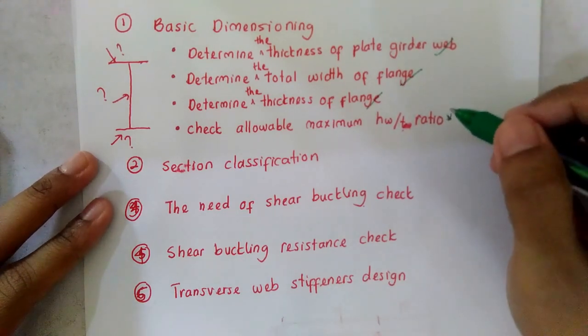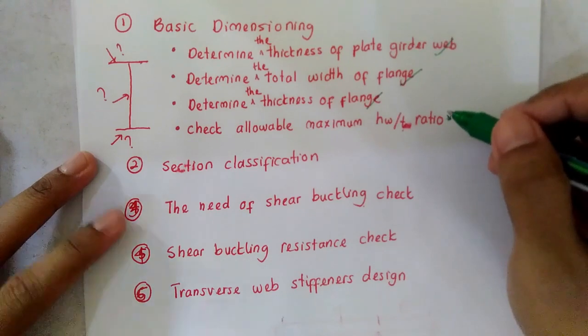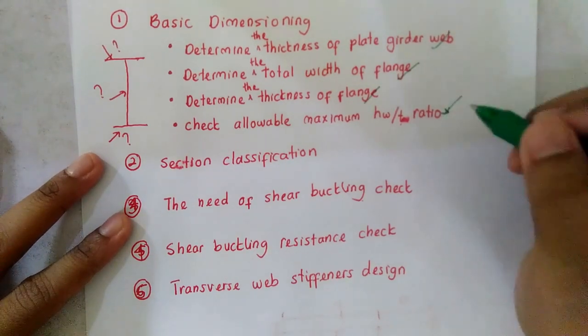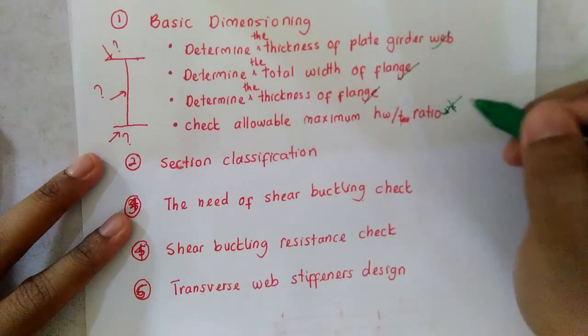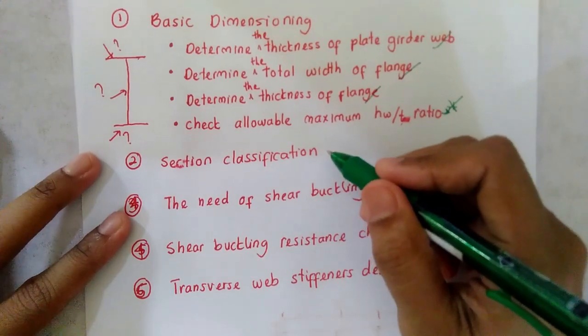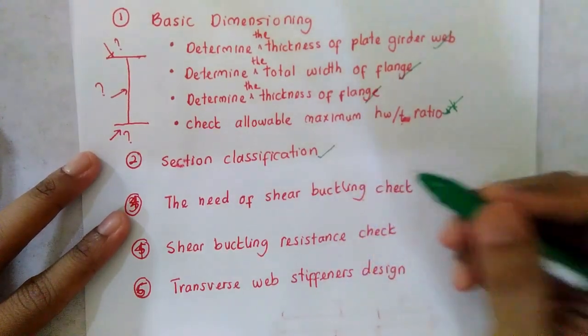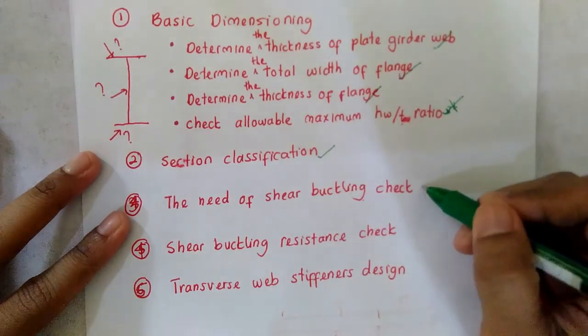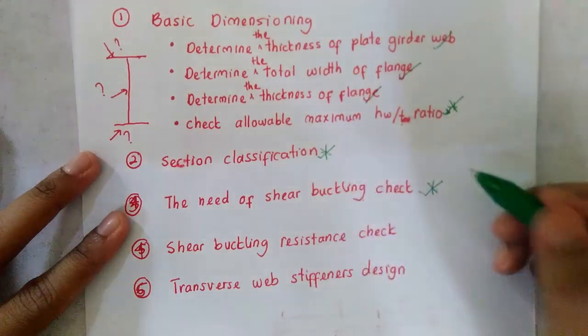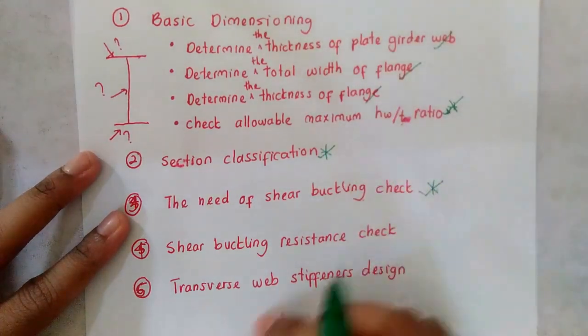So in this video, we're going to learn how to check the allowable maximums for the plate girder, check the section classifications, and check whether or not the sections require the shear buckling check. So these are the 3 topics that we're going to learn.